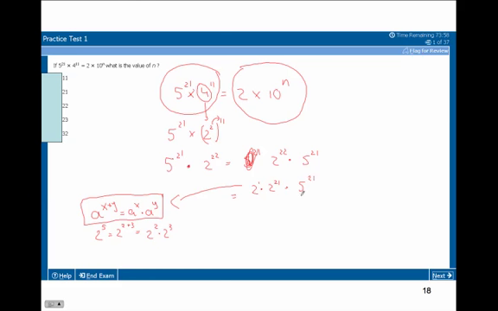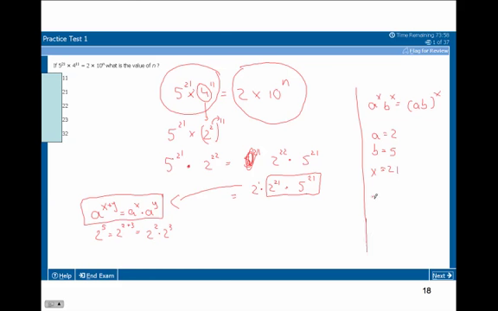Okay, so now going back here, we're gonna look at this part over here. We know that a to the x, b to the x is equal to ab to the x. This is a property. So our a in our case would be 2, our b would be 5, and our x would be the 21.